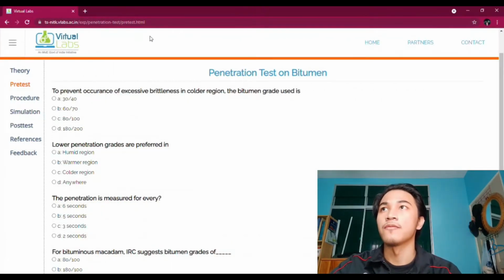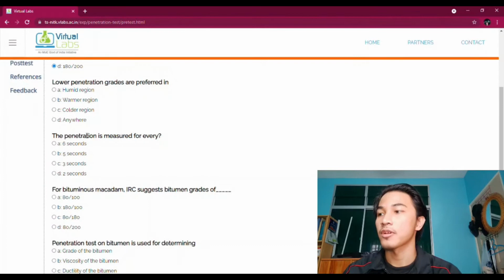Next, the pretest of the penetration test on bitumen. The first question: to prevent occurrence of excessive brittleness in colder regions, the bitumen grade used is D, 180/200.